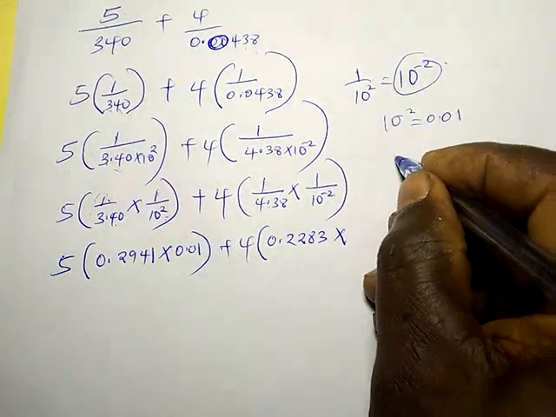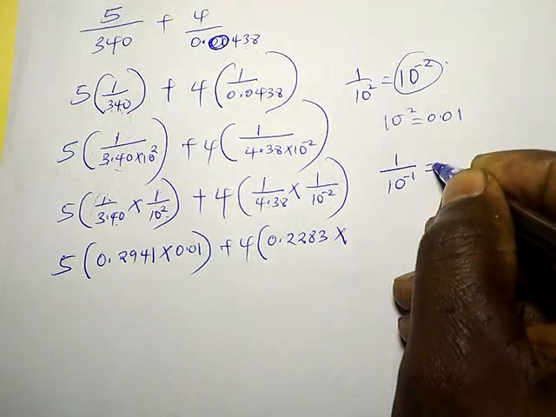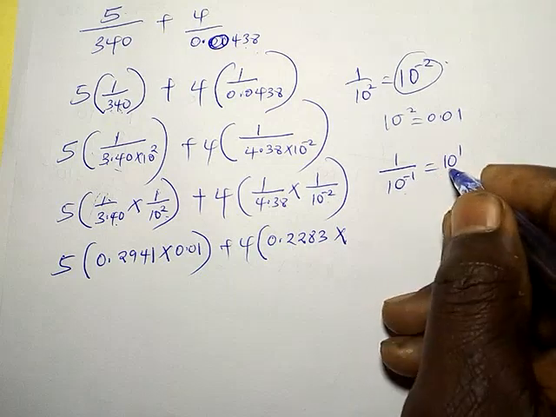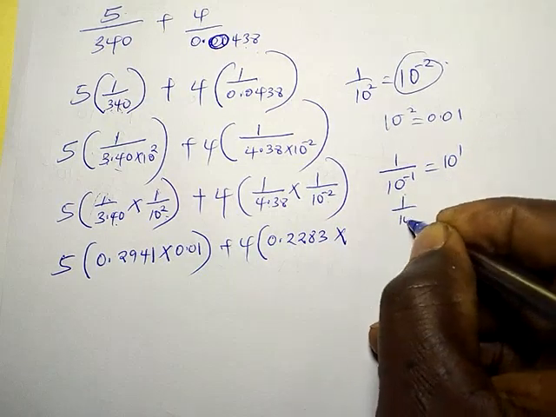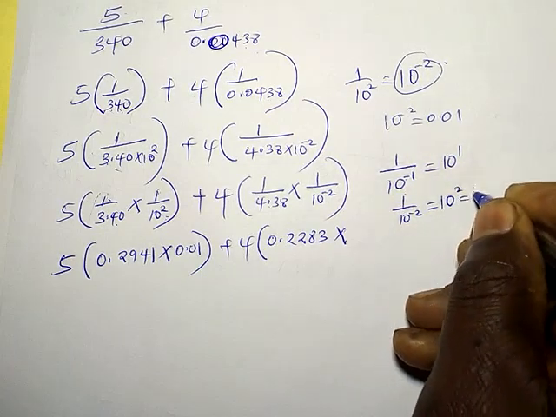I have shown you that 1 over 10 raised to power negative 1 is the same as the reciprocal of this is 10 to power 1. If it is negative down, up, it becomes, the reciprocal should be a positive. 1 over 10 raised to power negative 2, it is 10 raised to power 2, which is the same as 100.